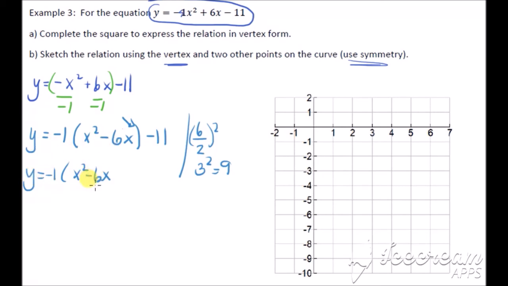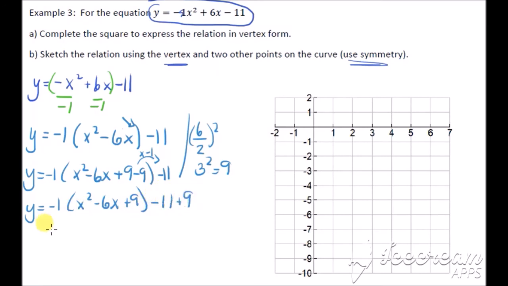So everything up until now, we rewrote the same, and now we're going to add 9 and subtract 9. And when we bring out that negative 9 out of the bracket, we're going to multiply by negative 1, so it's actually going to be positive 9, and we're going to add it, okay? So we just rewrite, so we have our perfect square trinomial, and then minus 11 plus 9.